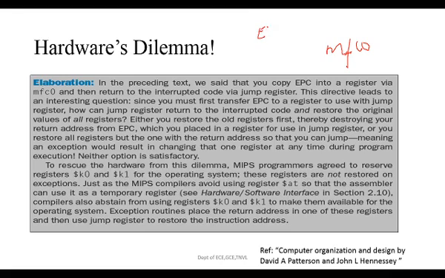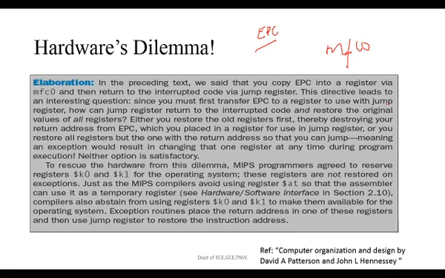So this MFC instruction is used to copy the EPC into a general purpose register, so that MIPS software has the option of returning to the offending instruction via a jump register instruction. So the concept is that it first includes a register to contain the address of the instruction that caused the exception.